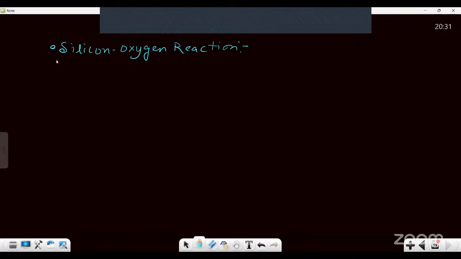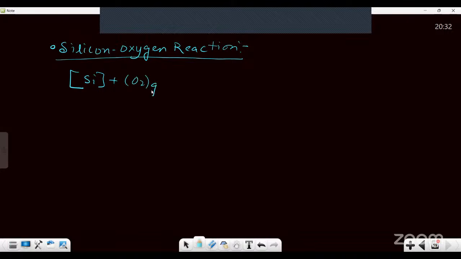Let us first talk about the silicon oxygen reaction. So if I talk about silicon oxygen reaction, this is Si plus O2 getting converted to SiO.